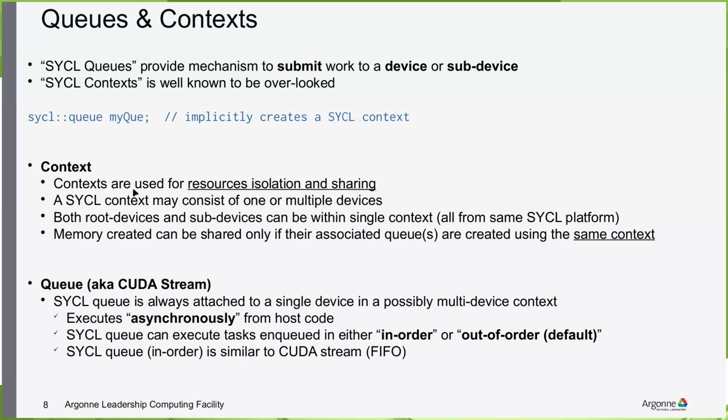SYCL contexts are used mostly for resource isolation or sharing. Let's say you have a node with 8 GPUs or 4 GPUs. You can create a context for each of the GPUs such that each GPU has its own space and these are isolated. On the other hand, you could put all the 8 or 4 GPUs in the same context. This will allow resource sharing.